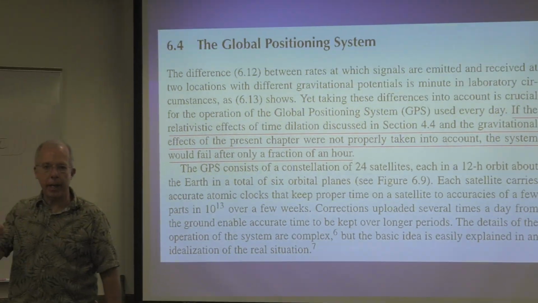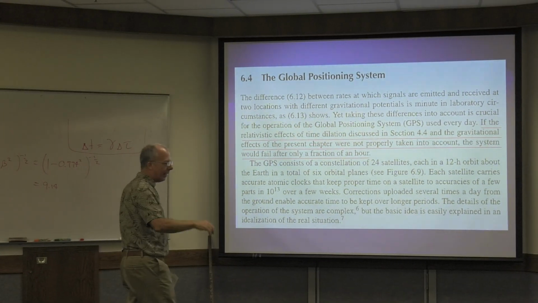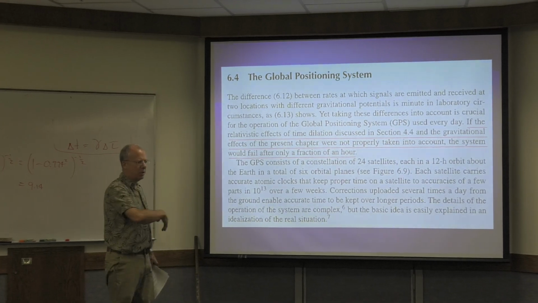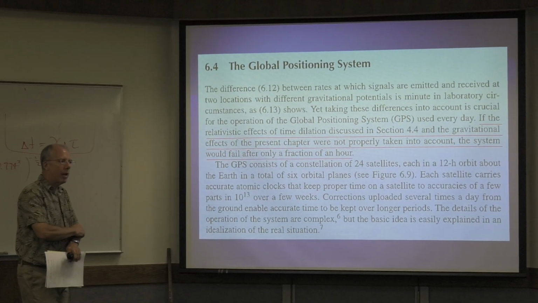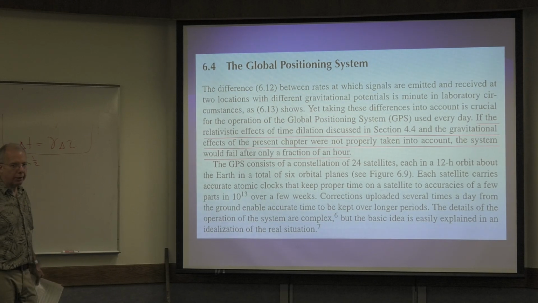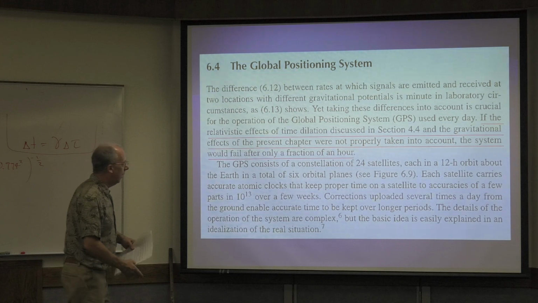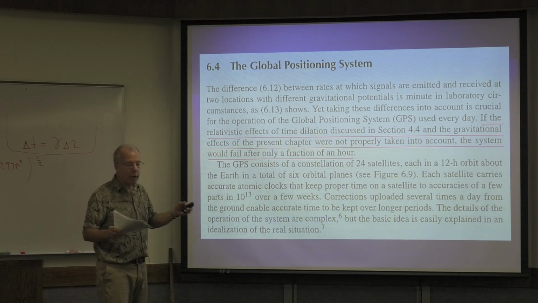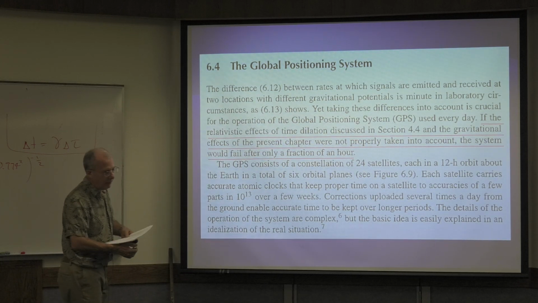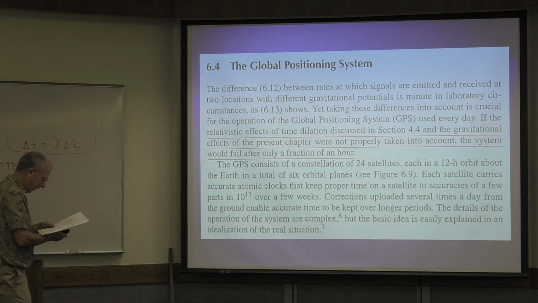So if you ever use a GPS, like on a bike or if you run or something like that, or like I say, banks, everybody uses GPS. If they didn't use the relativistic time dilation equations and other things, the system would die after minutes. So the fact that the GPS works is evidence that relativity is correct.